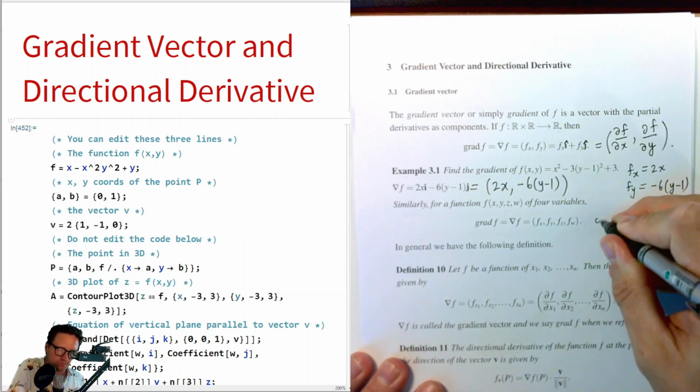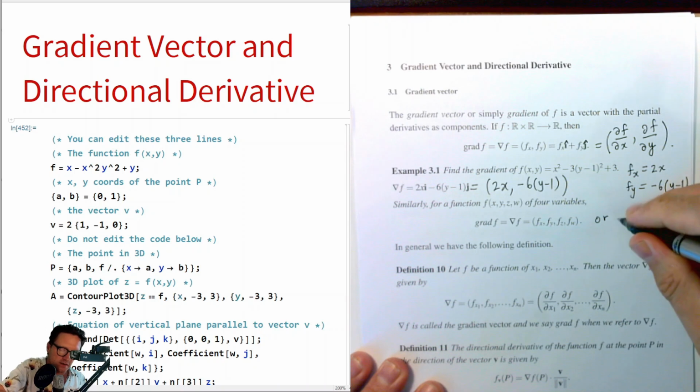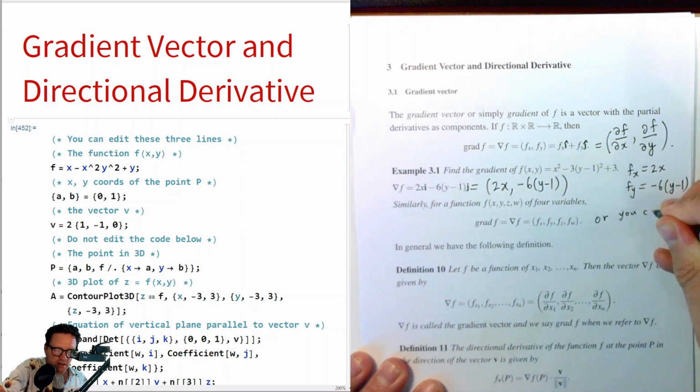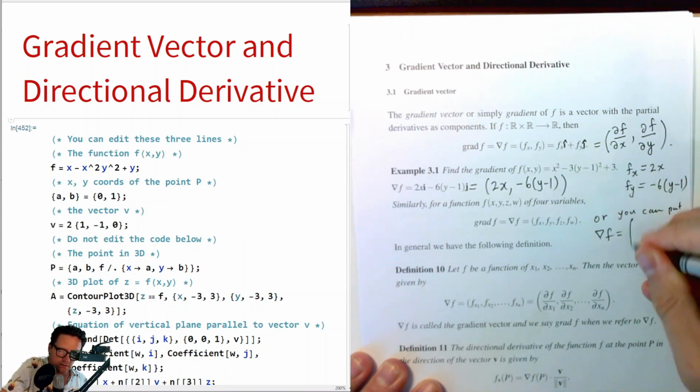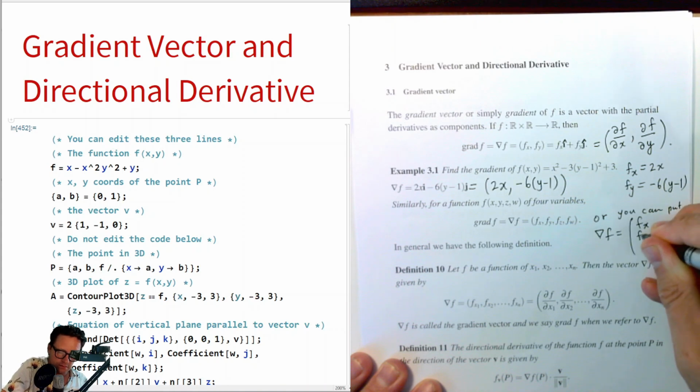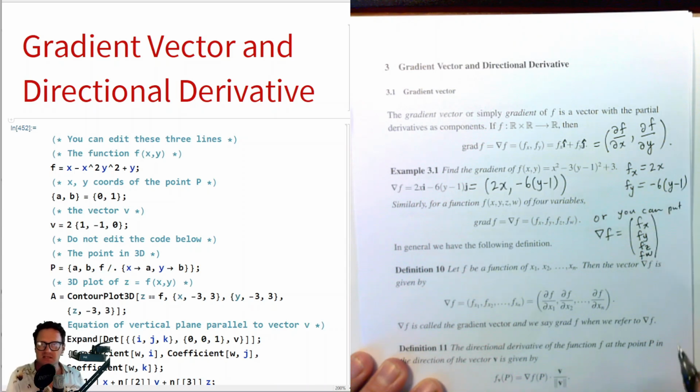Or, just by transposing that, you can put it like this. Just be consistent in the problem you're doing.